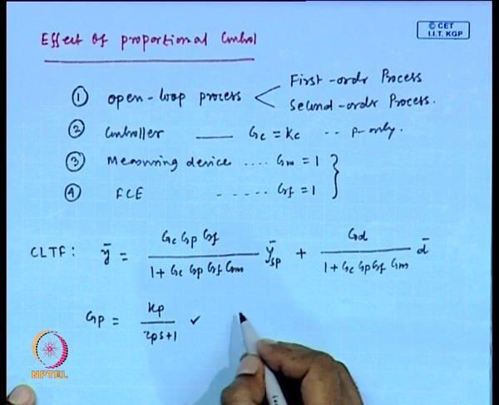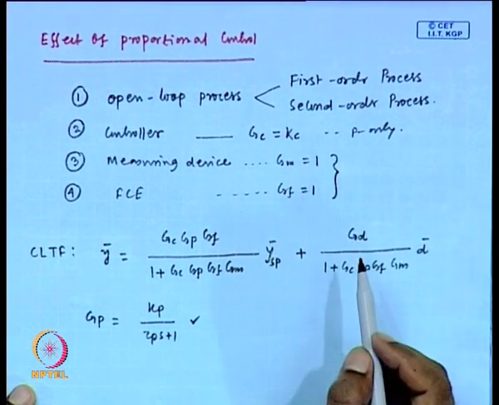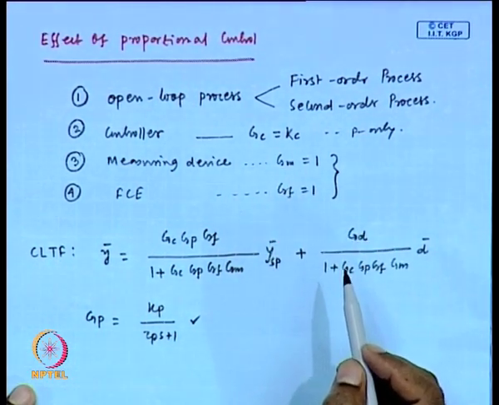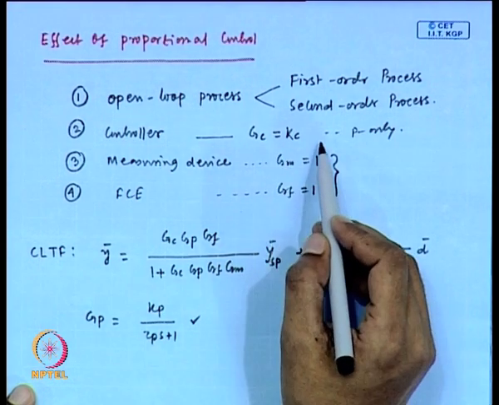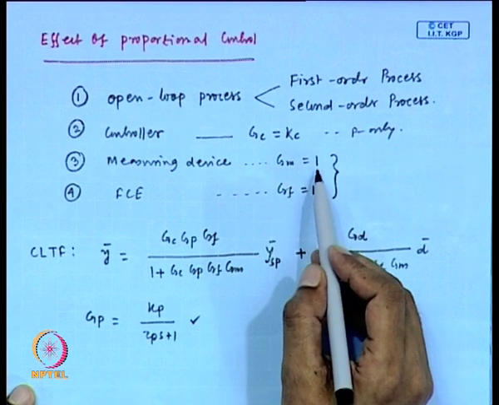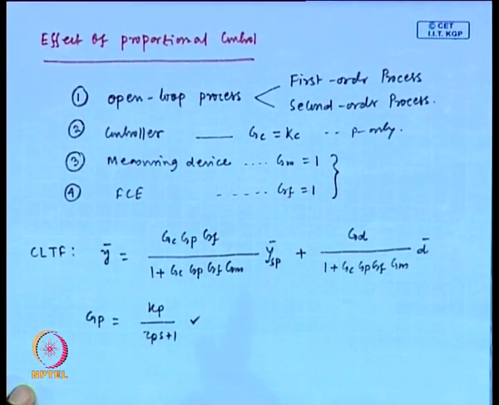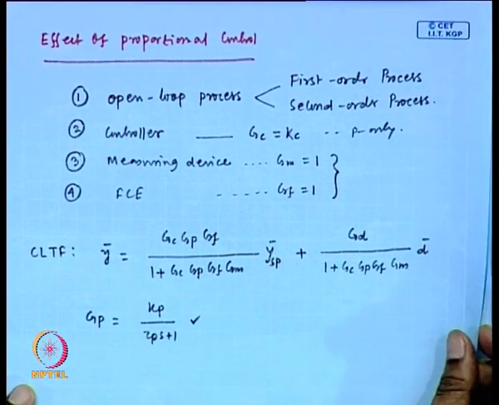Now, if we substitute the transfer function Gp, Gc equals Kc, Gf Gm equal to 1, then what we will get? If we substitute all the transfer functions, then we will get the closed loop transfer function for this example system.